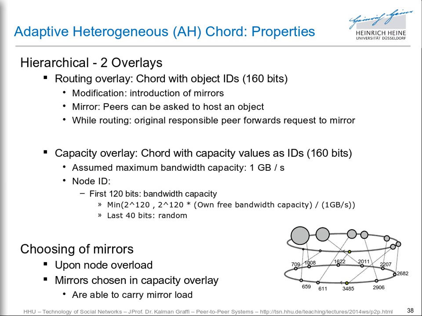For this, we find a mirror on this capacity overlay by searching for the bandwidth capacity we need. So we need to fulfill these requests. Afterwards, all requests are forwarded to this mirror to save own bandwidth.